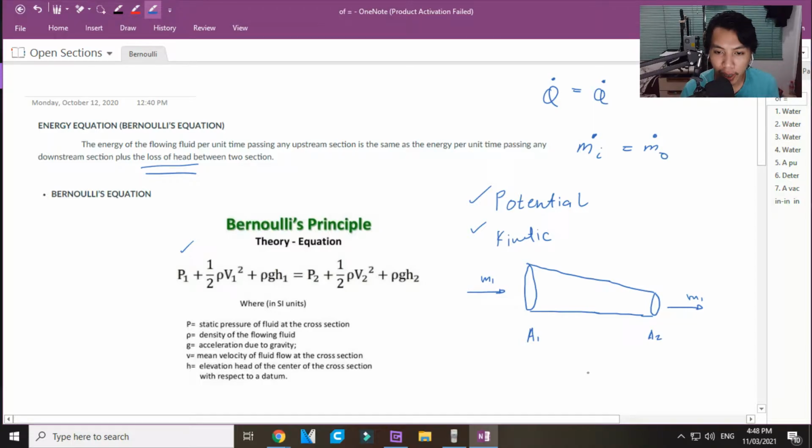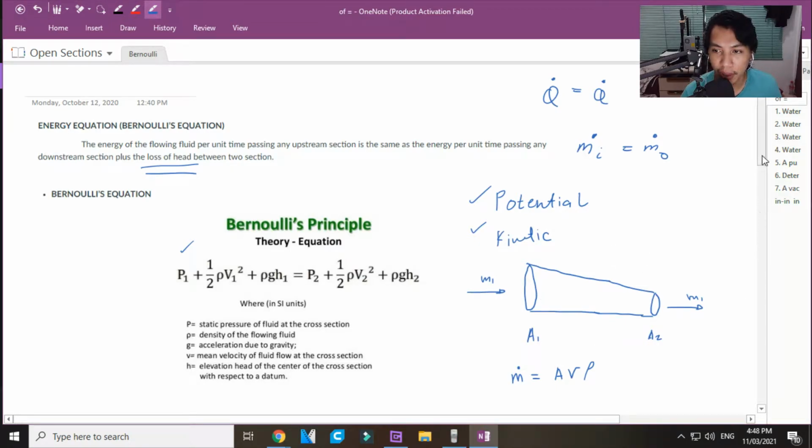Okay? And from continuity equation, meron tayong equation dito that the mass flow of your system is equal to area times the velocity and then density, AVP.